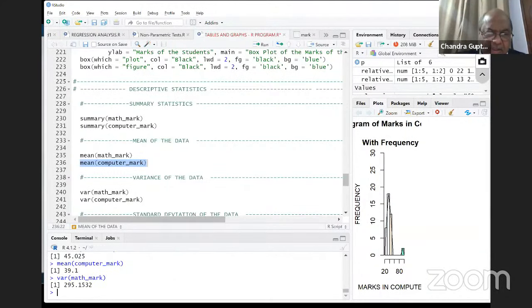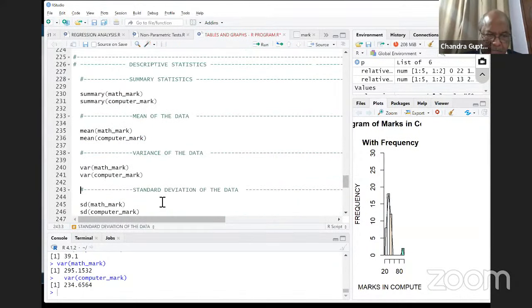Similarly, you can get the variance of the computer marks. If you want the standard deviation, the command is simple, SD for standard deviation.